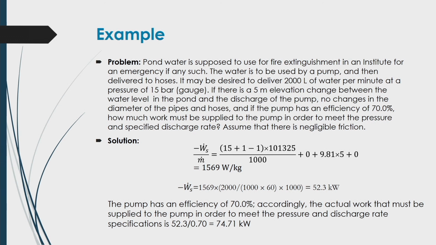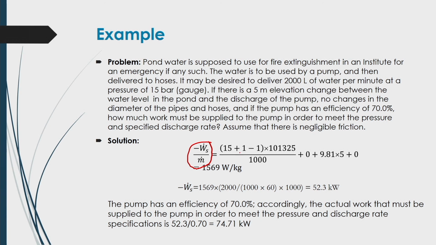So assume that there is negligible friction, based on which we can calculate from the general energy balance equation, where you can write minus W_S dot by m dot equal to the pressure energy change. Here pressure is 15 bar, so you have to make it absolute since it is given as gauge pressure.